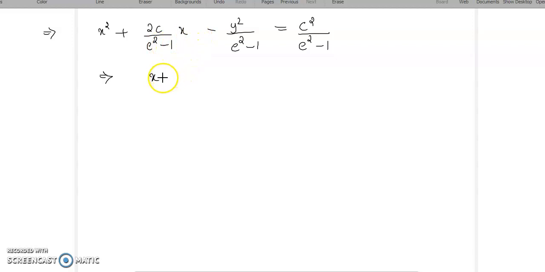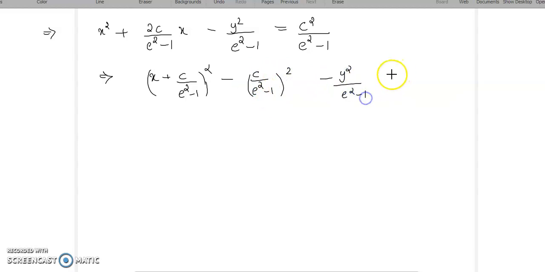So X plus C by E square minus 1 whole square minus C by E square minus 1 whole square minus Y square by E square minus 1 equal to C square by E square minus 1.